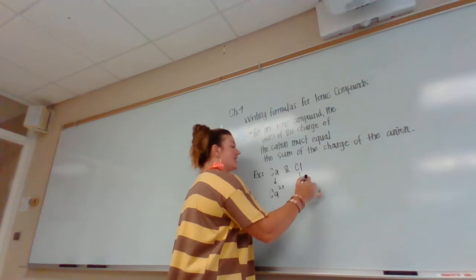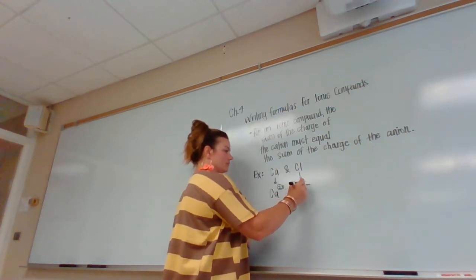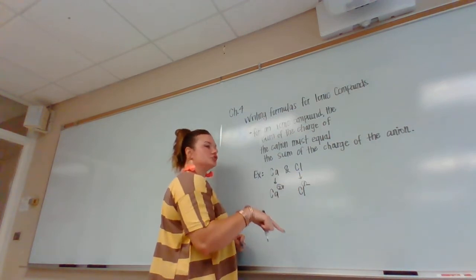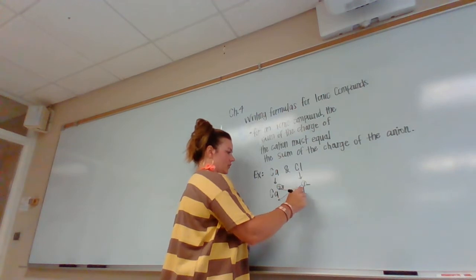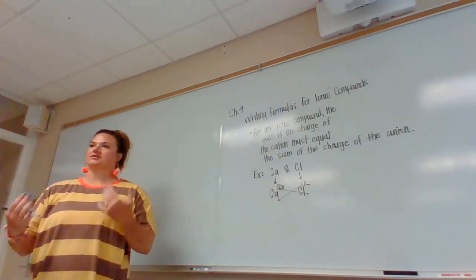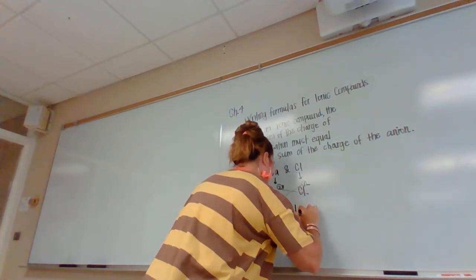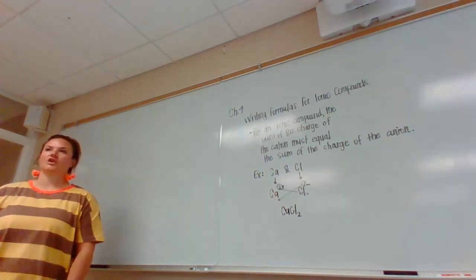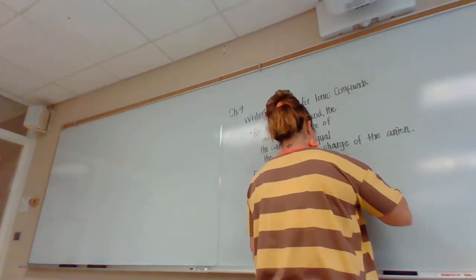You take the number of each of these, you swap and drop. So calcium gets this 1, chlorine gets this 2. I drop them down because they are subscripts, so it'd be CaCl2.